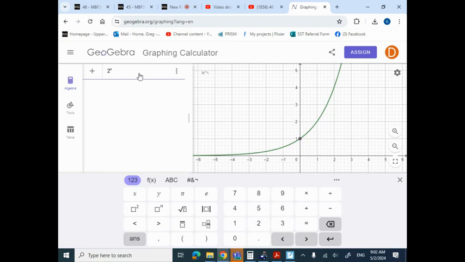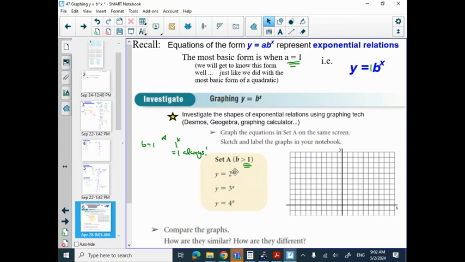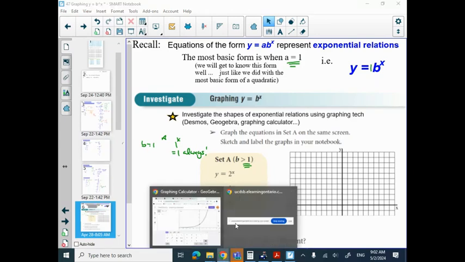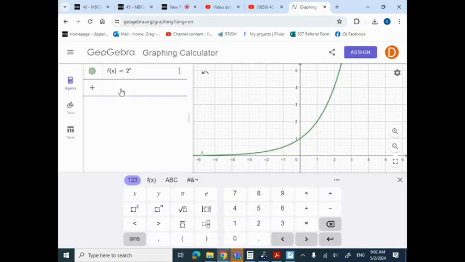Anyway, so there you go, that's 2 to the power of x, so we see it on the graph. And then let's do another one. Let's do the 3 to the power of x, like it said, right? 2, 3, and 4, all to the power of x. So if we had a 3 to the power of x, so I'll do the other version of things here. Shift 6 x and 4, shift 6 x.